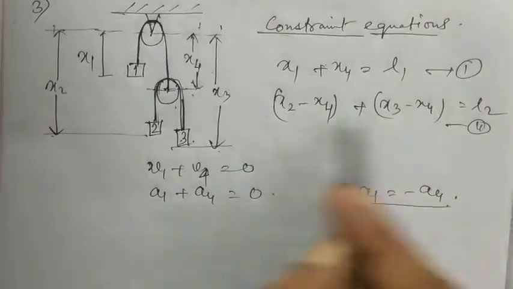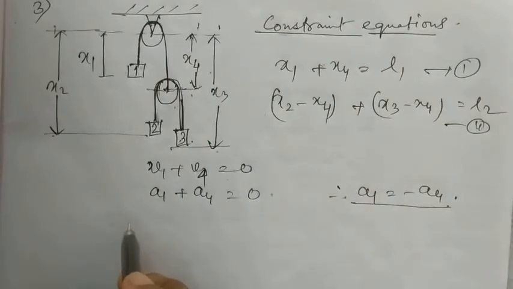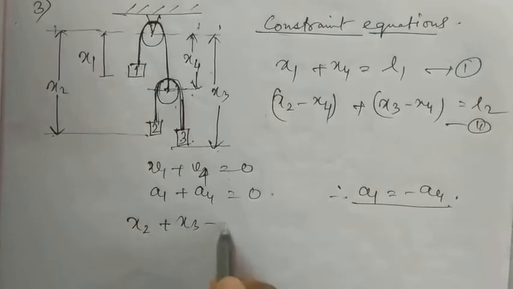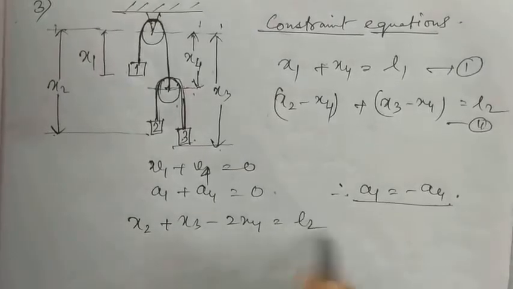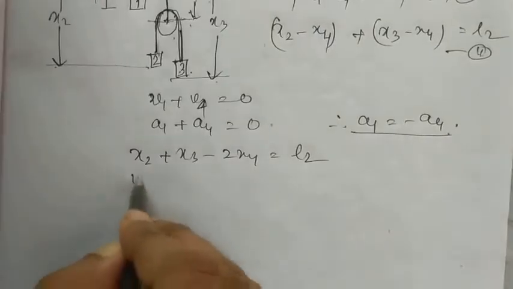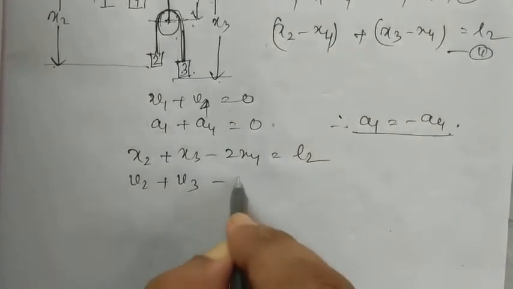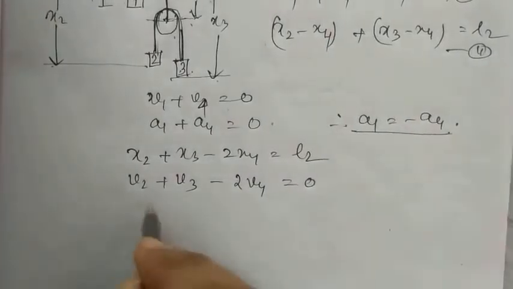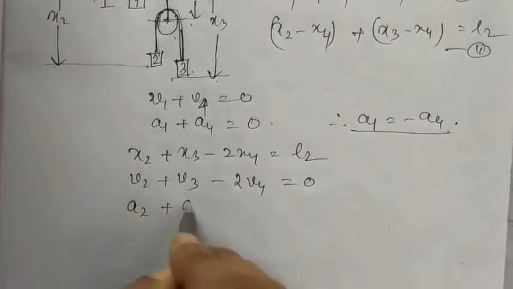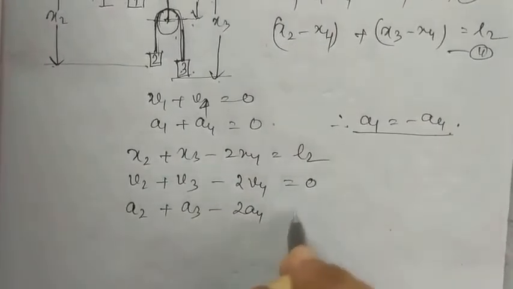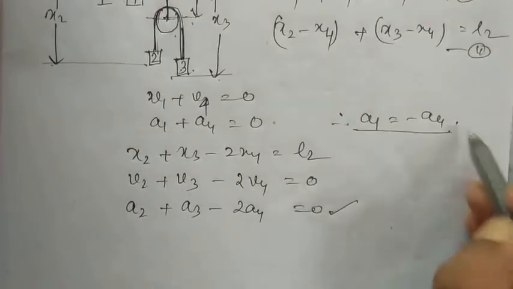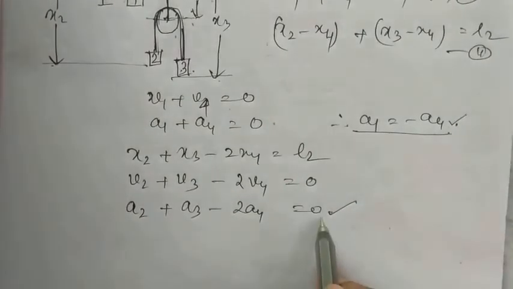Similarly, from the second case, it is x2 plus x3 minus 2x4 is equal to L2. So this is v2 plus v3 minus 2v4 is equal to 0. Taking another derivative, we get a2 plus a3 minus 2a4 is equal to 0. So this is the first relation, this is the second relation.